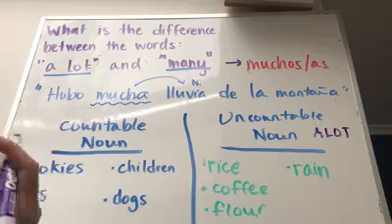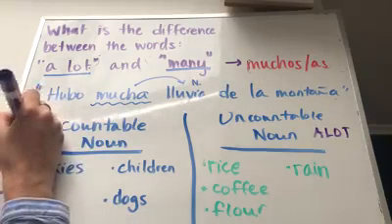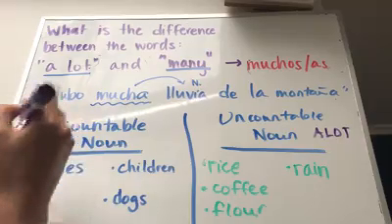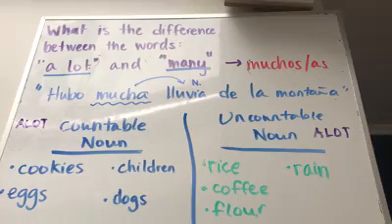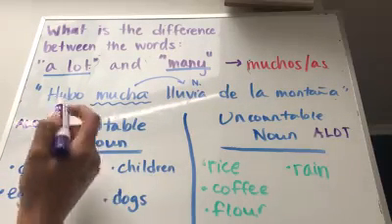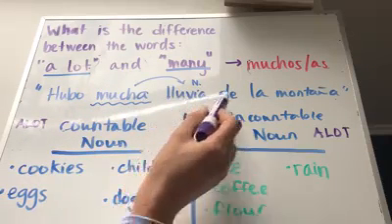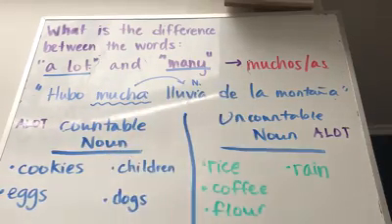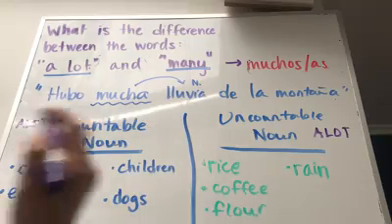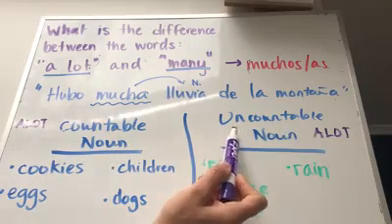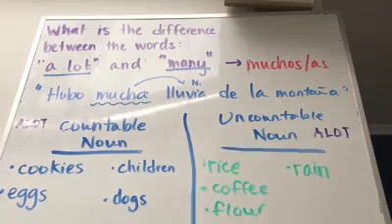You can also use the word a lot for countable nouns. Okay, so for example, there was a lot of rain in the mountain, or from the mountain. So lluvia is uncountable, so we're going to use a lot.